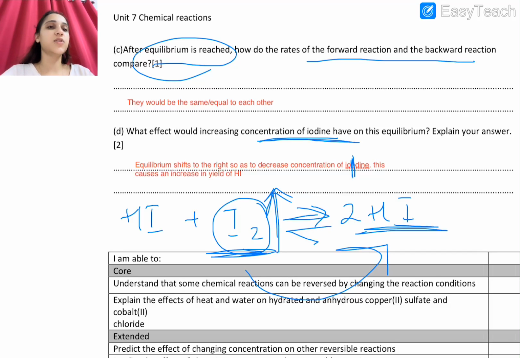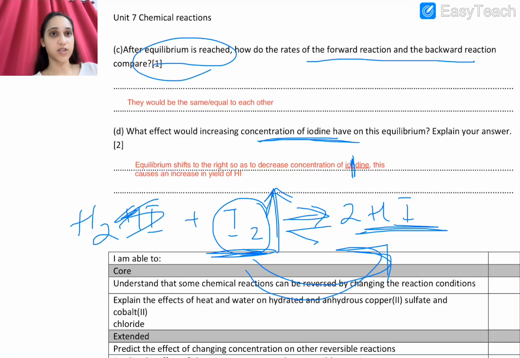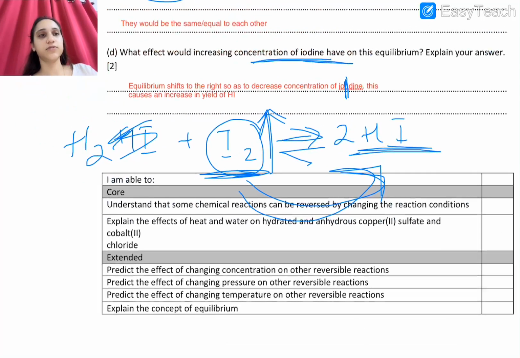So it's going to cause an increase in yield of HI. Sorry, this is H2. Okay, fine. So that's for the explanation. 7.3 is completed. Make sure you are able to do all these different parts from the syllabus.